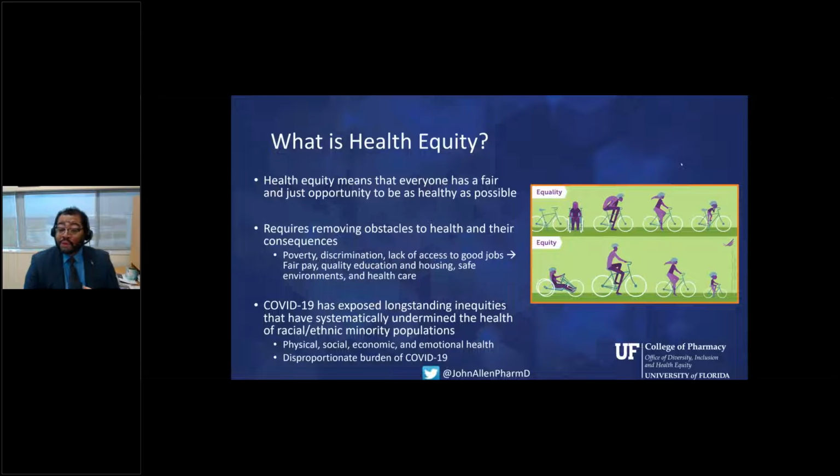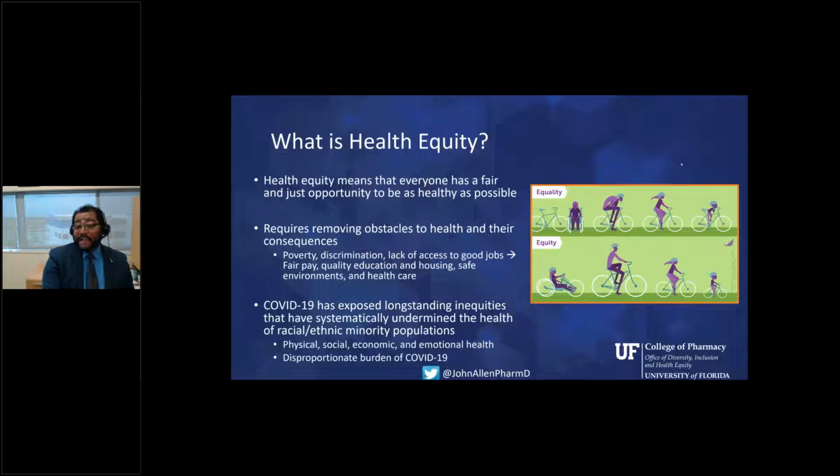Some of those obstacles that are frequently noted to inhibit health equity include poverty, discrimination, and lack of access to good jobs. That needs to be replaced with fair pay, quality education and housing, safe environments, and quality healthcare to achieve the mission of health equity.